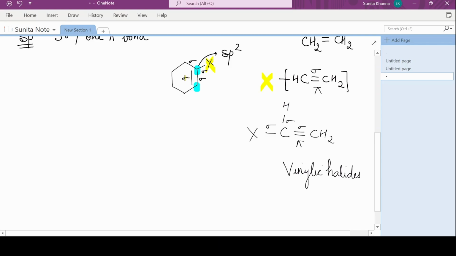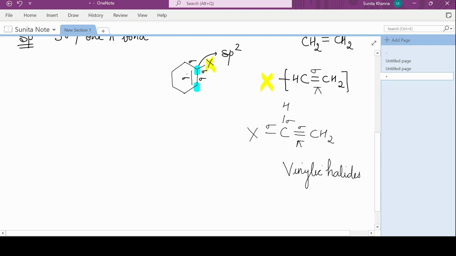Now we come to aryl halide. See children, the example which I have taken for the vinylic, which is definitely from your book, must be clear: this ring is not aromatic. You must be knowing the closed chain structure.